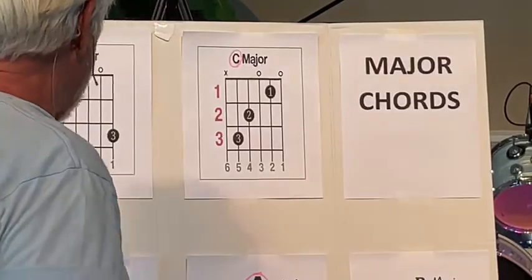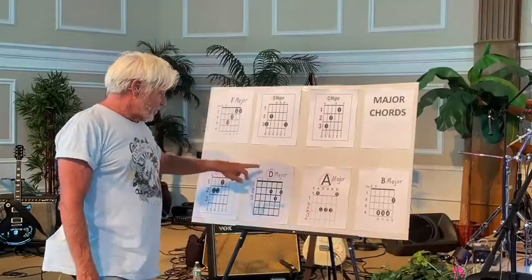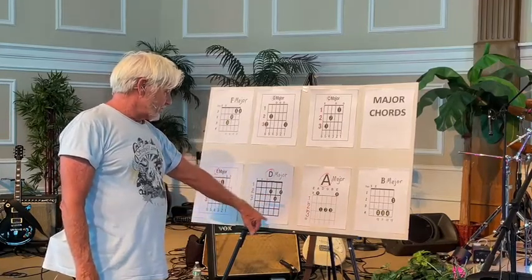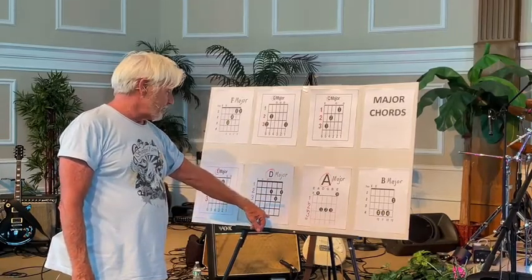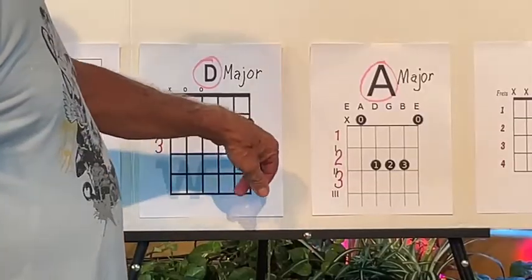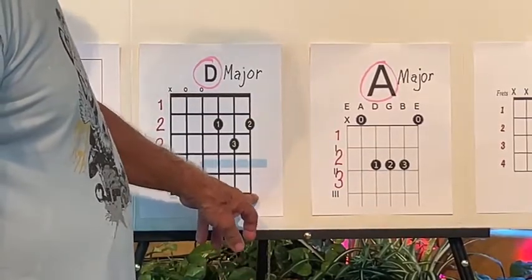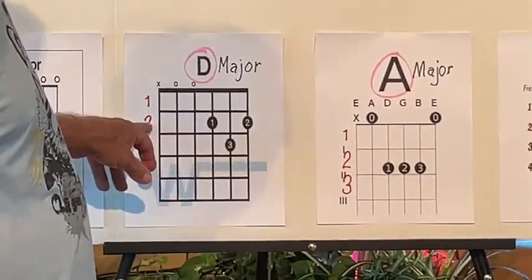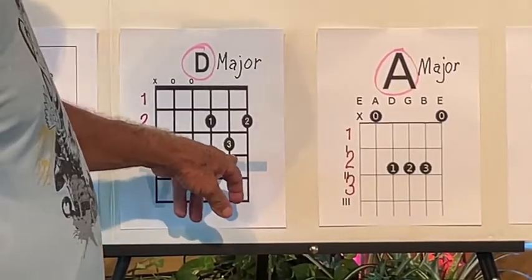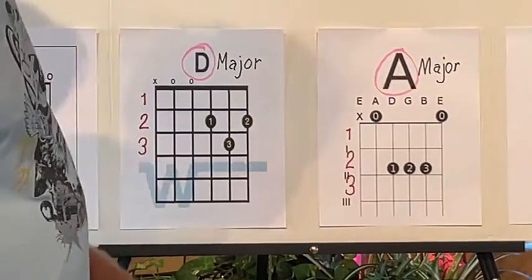And then we move over to the D chord, D major, and with the D major your index finger is on string 3, second fret. Your middle finger is on string 1, second fret, and then your ring finger is on string 2, third fret.